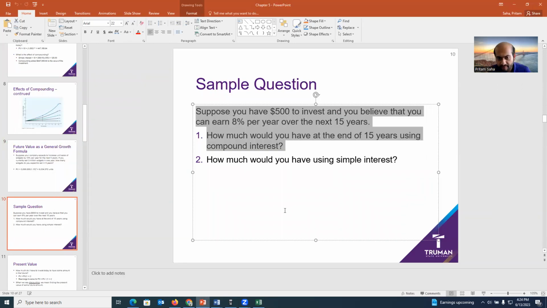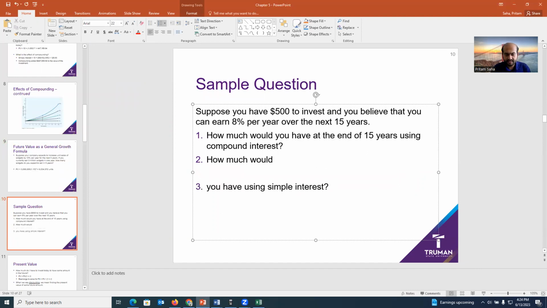Now, suppose you have 5,000 to invest today. I'm talking about problem 1. Present value is 500. You can earn 8% per year, nothing said, so assuming annual frequency.